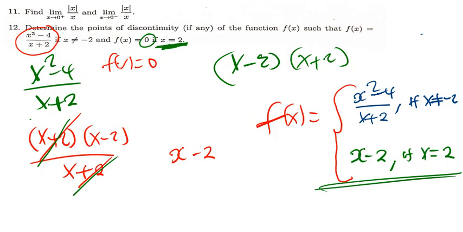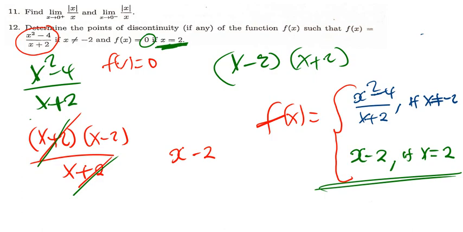Here we are trying to identify if we have got the point of discontinuity. The way I've put my answer here, I can clearly see that the point of discontinuity is going to be at x equal to -2.